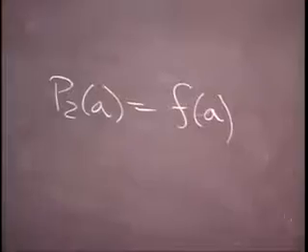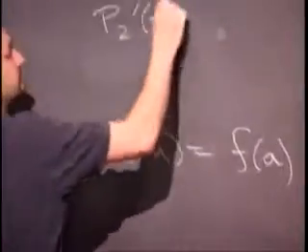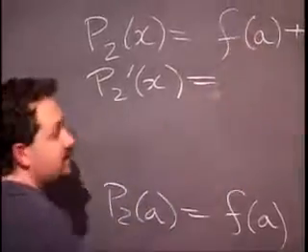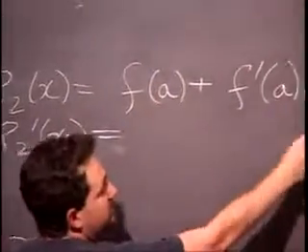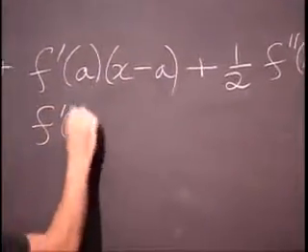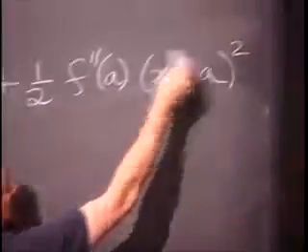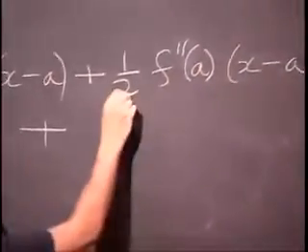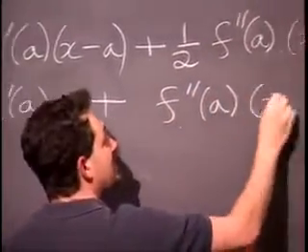I get f of a. What about the derivative? Let's take the derivative. a is constant, so this goes away. The derivative of x minus a is just 1, and then I have the coefficient f prime of a. On the other hand, the derivative of x minus a squared is 2 times x minus a, so the 2 will cancel out this 1/2, and I'll get f prime of a plus f double prime of a times x minus a.